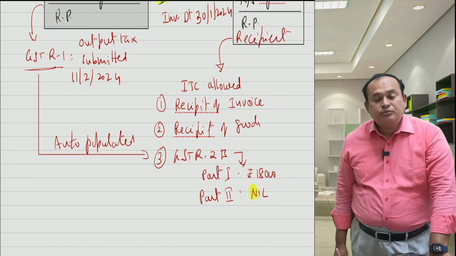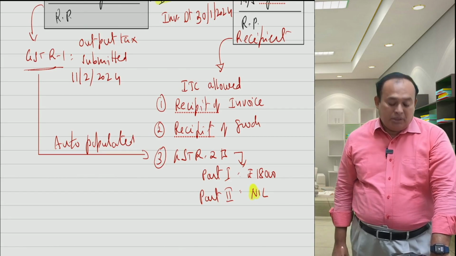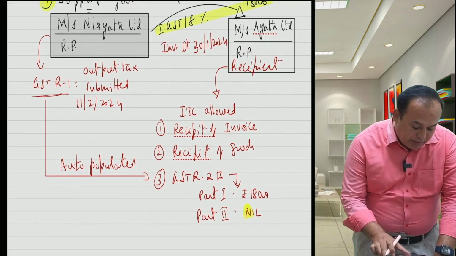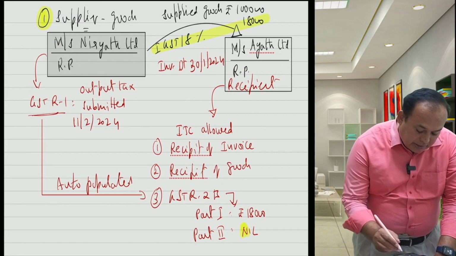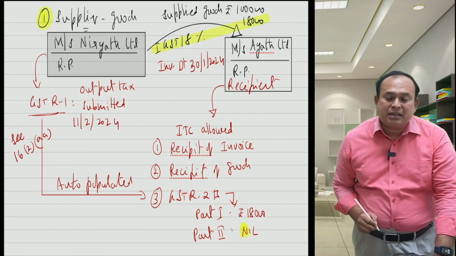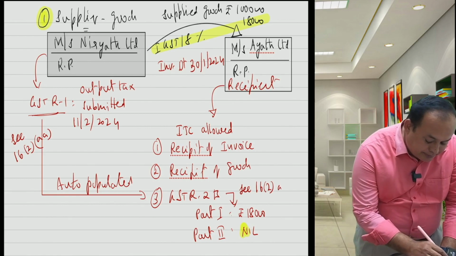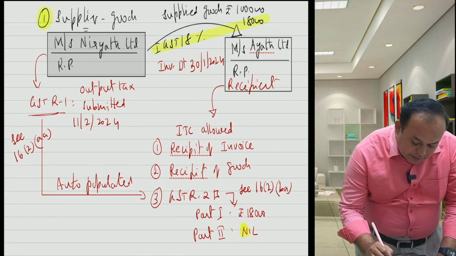Now here, what we can call this? This refers to Section 16(2)(aa). Section 16(2)(ba) refers.